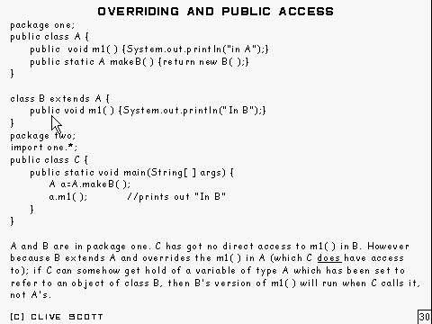Right, here's an example of a method with public access, and it's inside a class with default access. This is still nonetheless a useful thing to do, because if we look at this package 1, what we've got here is this public class A with a method M1 in it, and B extends it and overrides that method M1.